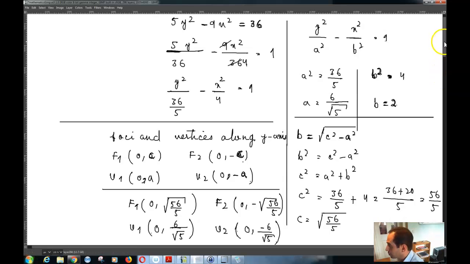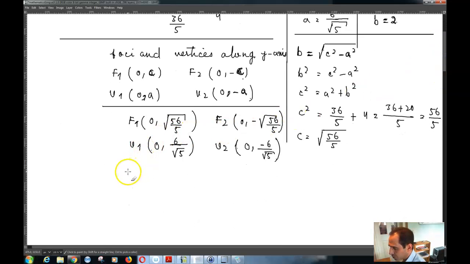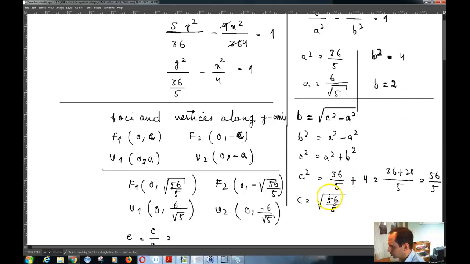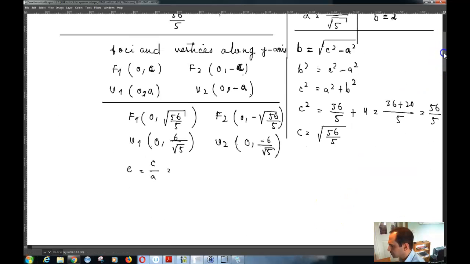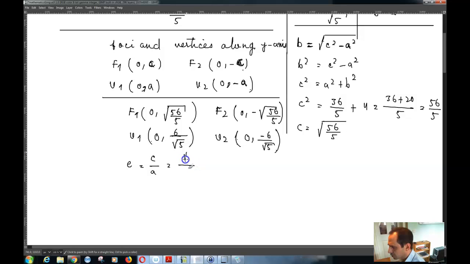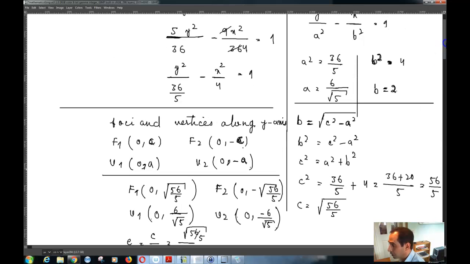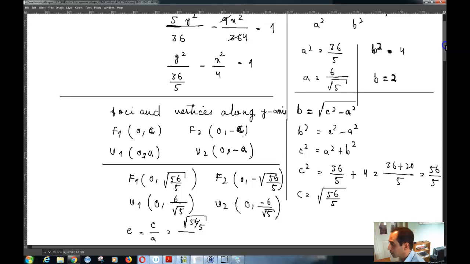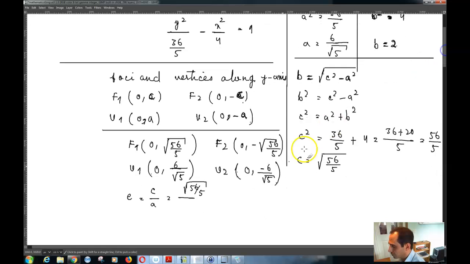And then your eccentricity, which is equal to c divided by a, that's supposed to be basically square root of 56/5 over a, which is equal to 6 over square root of 5.